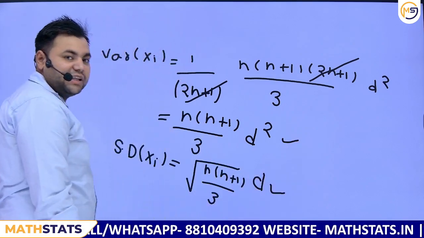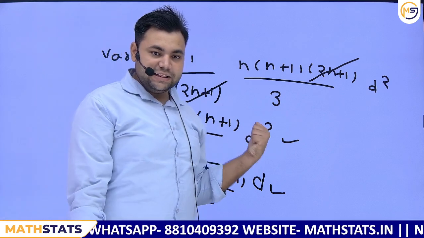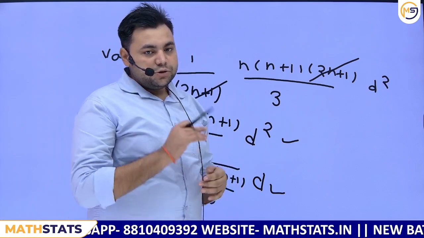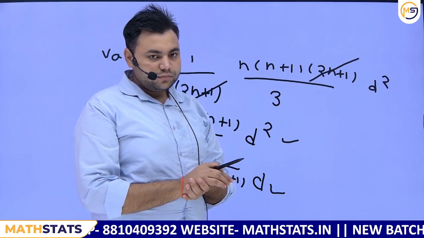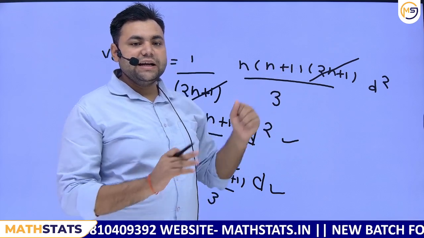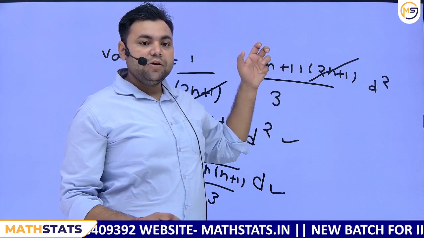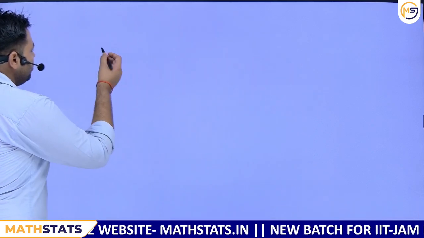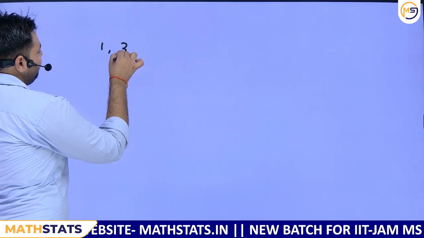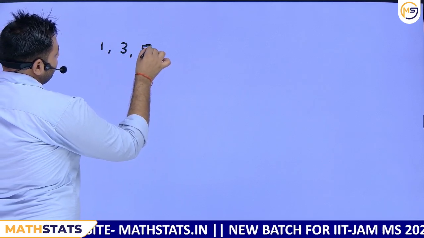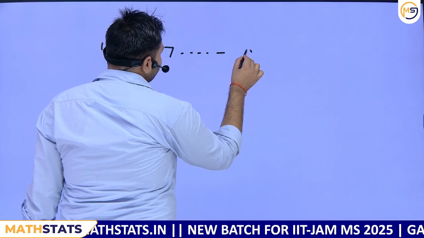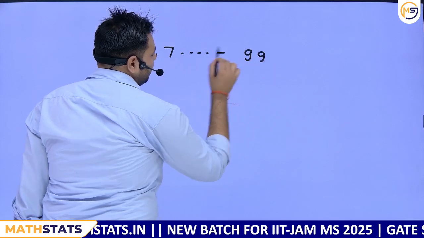So this is an important series, and questions are asked directly on this series. Suppose I give 1, 3, 5, 7, 9 and so on up to 99, okay, and then ask what is the standard deviation of this series and what is the mean deviation of this series. So suppose I give a question: 1, 3, 5, 7 and similarly up to 99, okay.